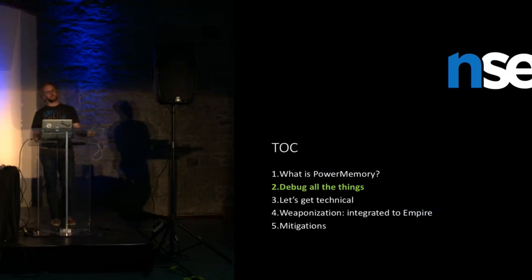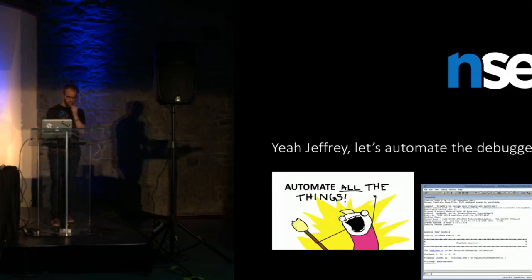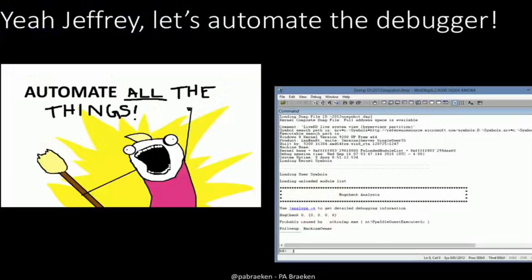The thing with PowerMemory is to debug, but not really debug, rather use a debugger to read and write the memory. I don't know if you know Jeffrey Snover, the creator of PowerShell. He said to us, automate everything. So I decided to automate the debugger to hack Microsoft.